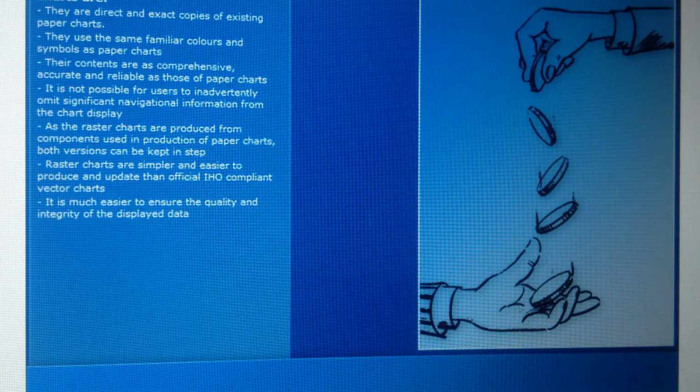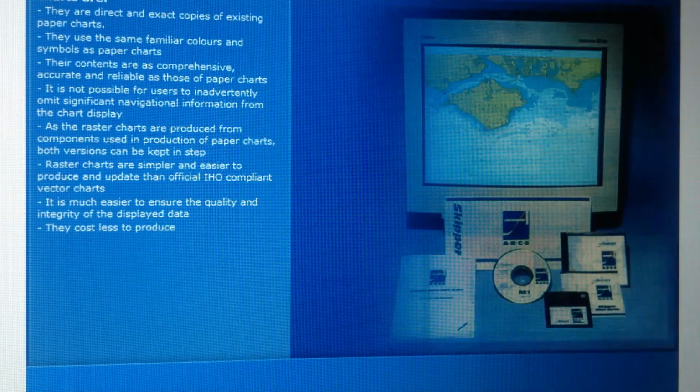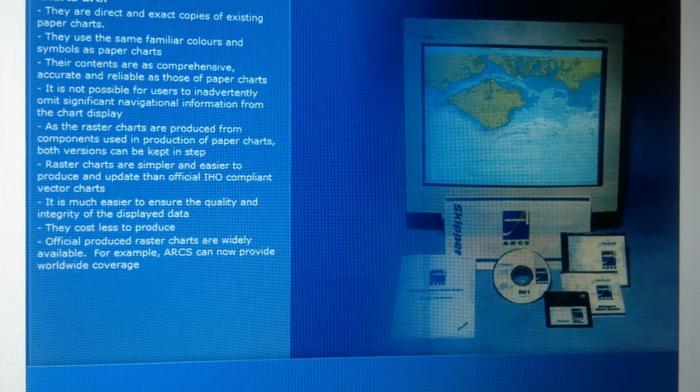It is much easier to ensure the quality and integrity of the display data. They cost less to produce. Officially produced raster charts are widely available. For example, ARCS can now provide worldwide coverage.